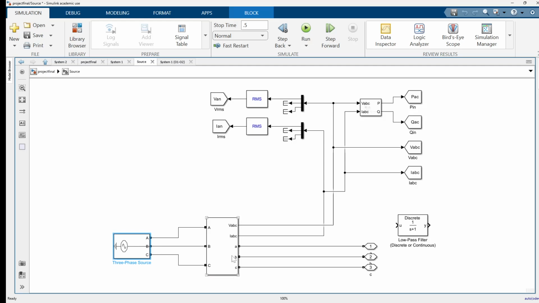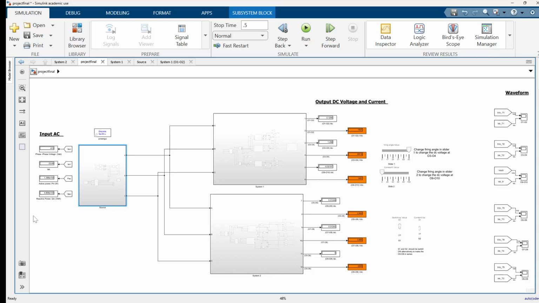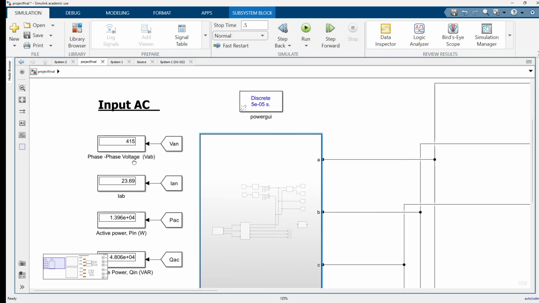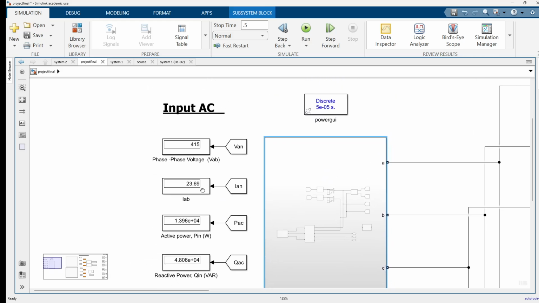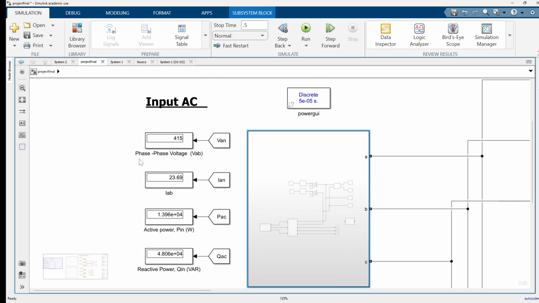Then it is given to the 3-phase VI measurement to collect the phase voltage, phase current, and active and reactive power at the source, which is given at the display here. You can see that we are giving a 415 volt phase-to-phase voltage, a phase current of 23 amps, and the active power and reactive power are shown in the input.